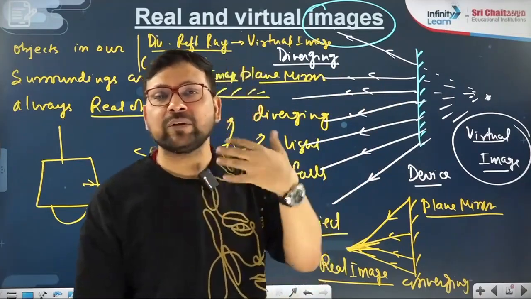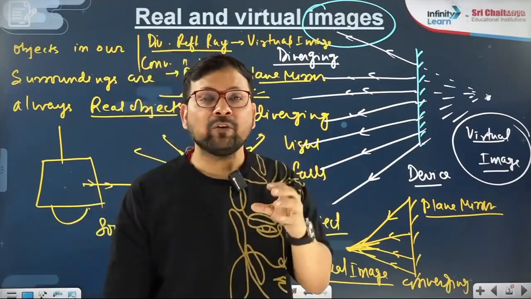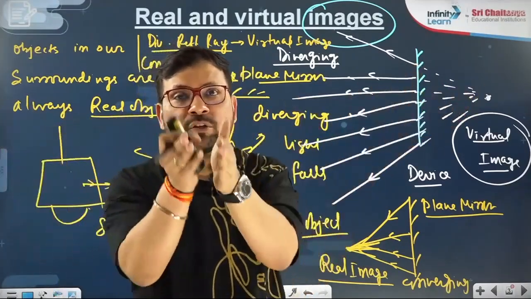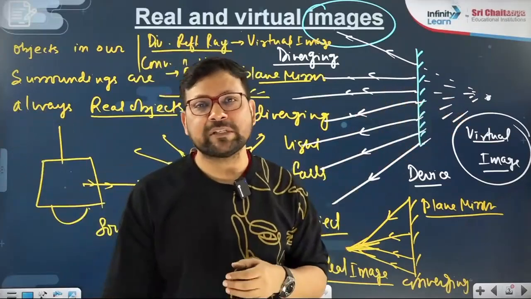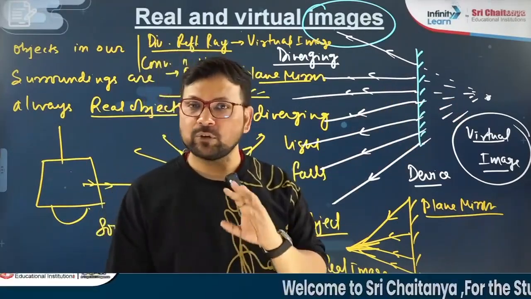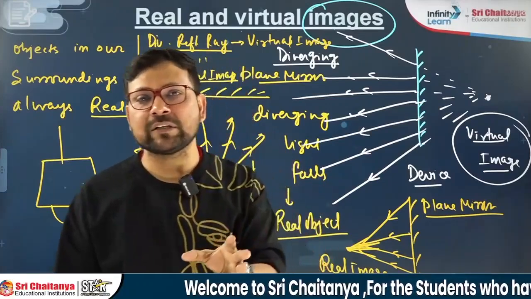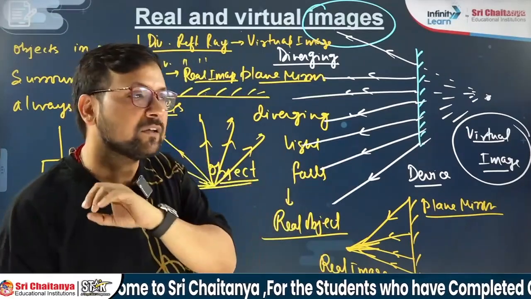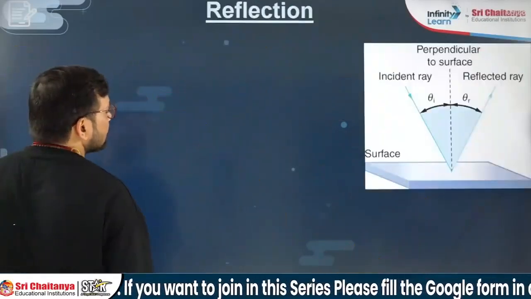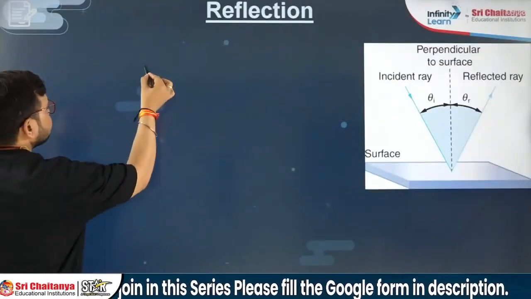That is always reflected or refracted. If rays coming towards you are diverging, virtual image. Rays coming towards you are converging, real image. Neither converging nor diverging rays, reflected or refracted, neither real nor virtual. Understood? See, one more thing I am showing here. Please understand one thing.